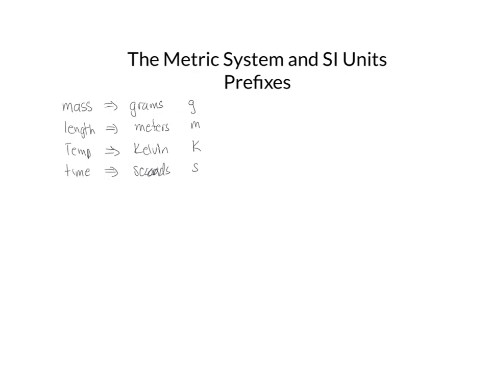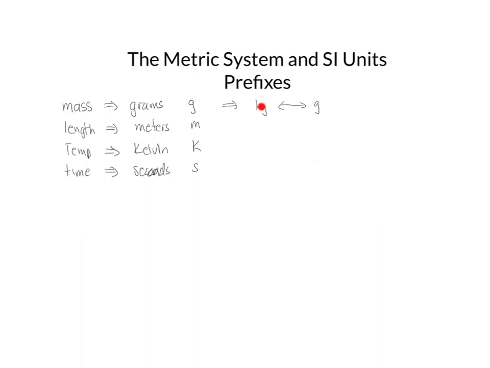So what is the relationship between kilograms versus grams? This is a way that we can take the base unit and make it either larger or smaller by adding a prefix to the base unit.